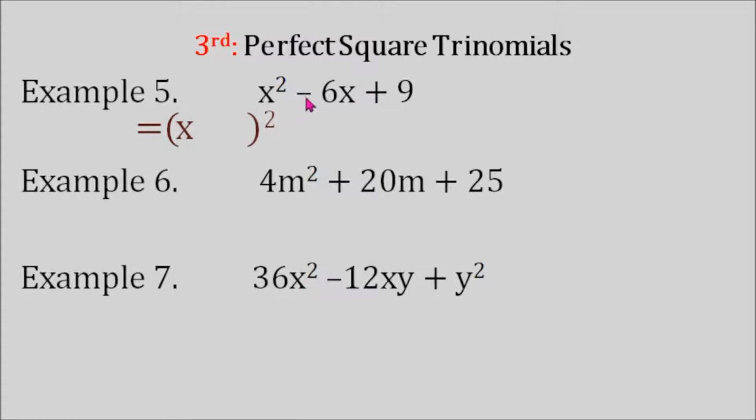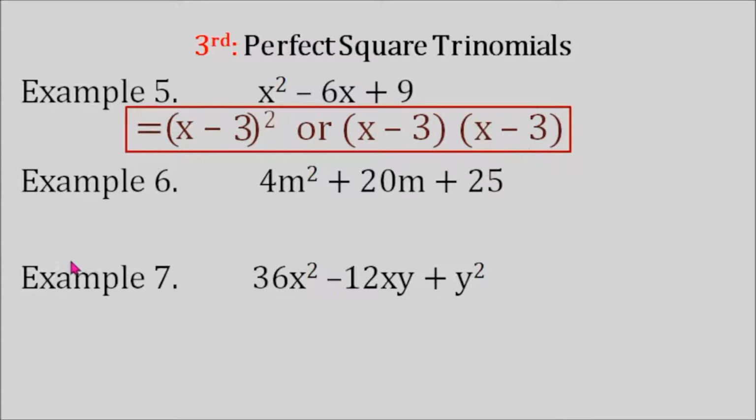The sign of the middle term is negative, so it's also the sign of our second term. And the second term is just the square root of 9, which is 3. So it's the quantity x minus 3 squared, or it can be written as the quantity x minus 3 times the quantity x minus 3.